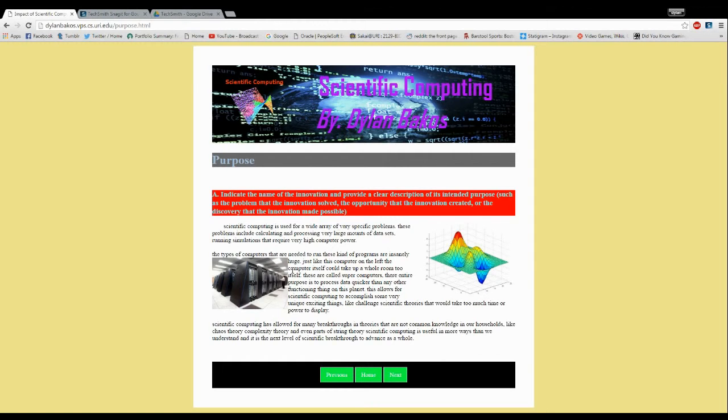And these supercomputers, like these computers right over here, sometimes by themselves can take up whole rooms, just made up of insane amounts of processors that are used to go through the data very quickly.